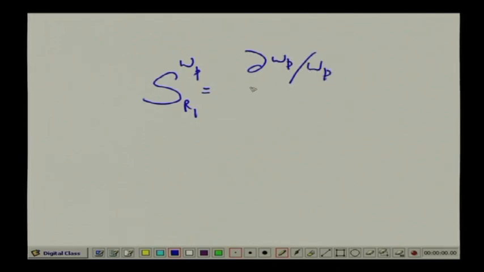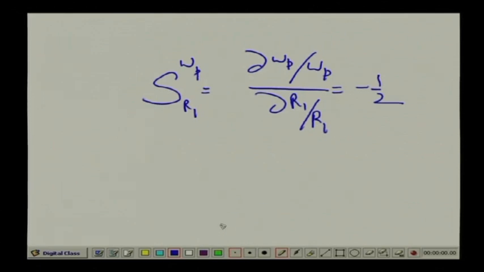So what is the sensitivity now? S omega p R 1 is delta omega p by omega p over delta R 1 by R 1, and in this case it is minus half.